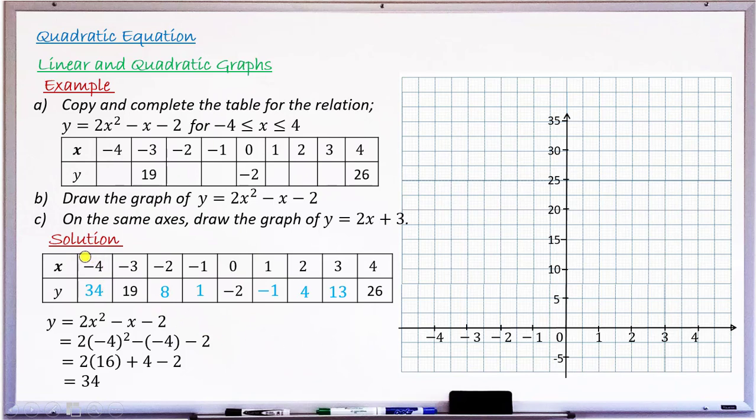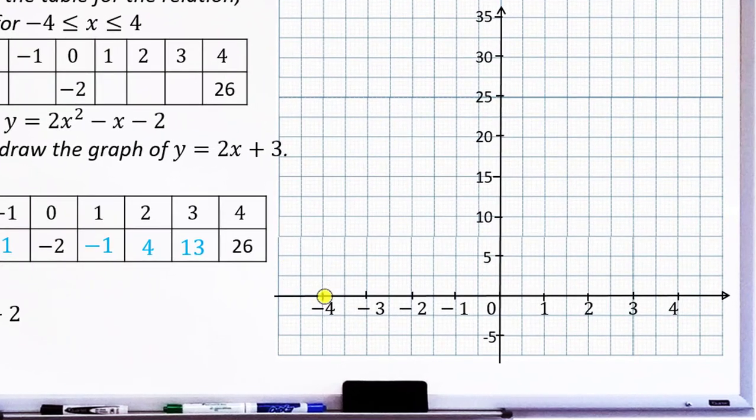So I'll start with this very first point where x is minus 4, y is 34. When x is minus 4, y is 34. So I'm going to find x minus 4 and y 34 appropriately. If this is y 30, this is y 35, there are 10 small divisions in between, which means each 2 small divisions would now be 1.